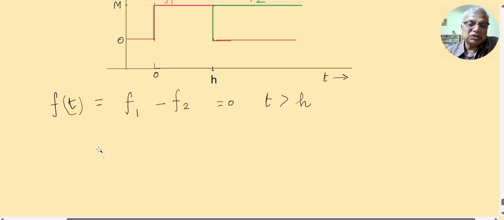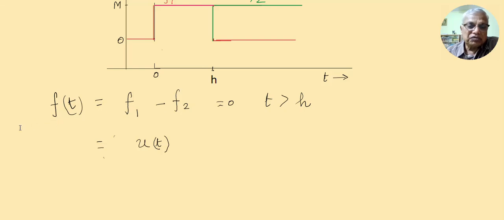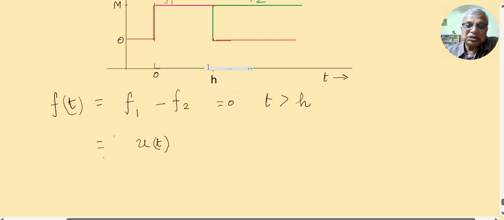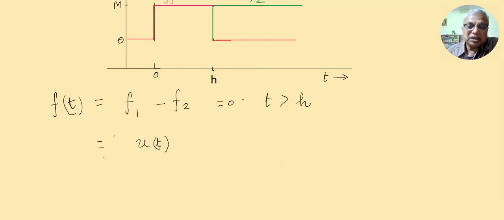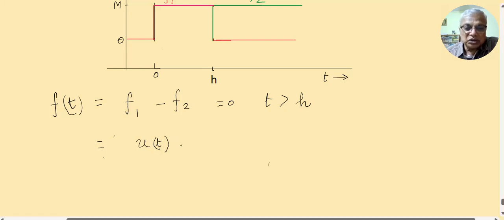So what will be the equations for f1 and f2? If f1 is a step function, the equation of step function is u of t. And f2 is also a step function, but it is shifted from 0 to h. So if this is u of t, this is going to be u of t minus h. Followed? And there is a magnitude m, so we multiply by the magnitude m.